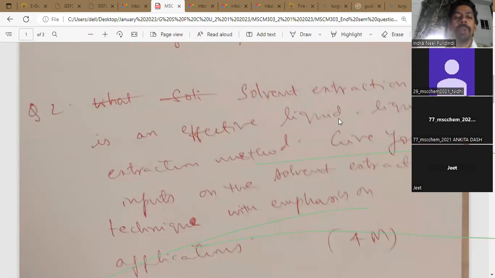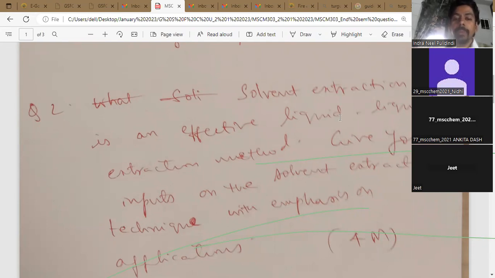Give your inputs on the solvent extraction technique, with emphasis on applications.